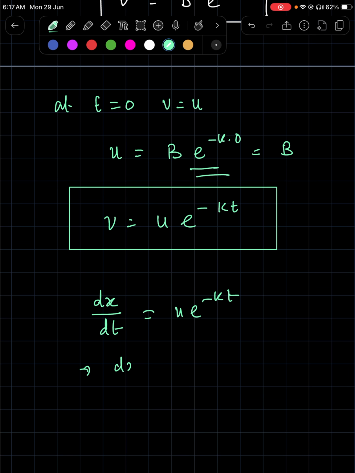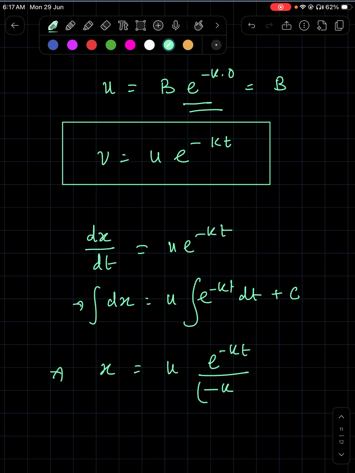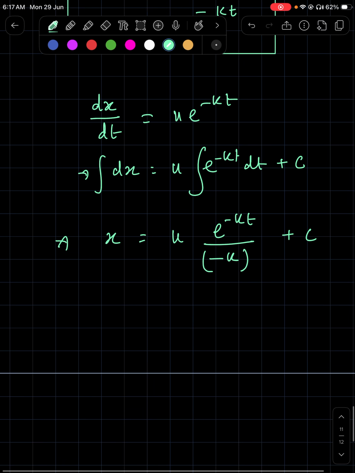So that is dx equal to u e to the power minus kt into dt plus c. Integrating both sides, x becomes u times e to the power minus kt by minus k, plus c. Why? Because the integration of e to the power mx dx is e to the power mx by m, plus c.